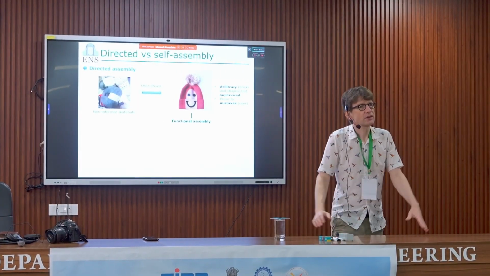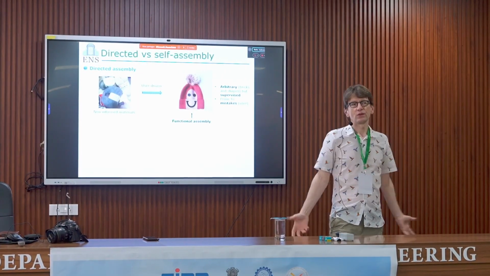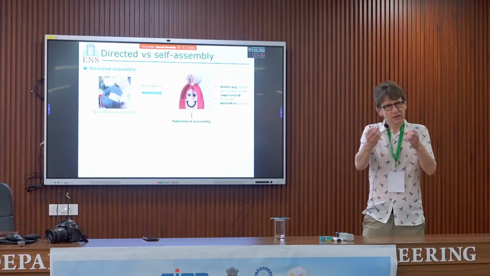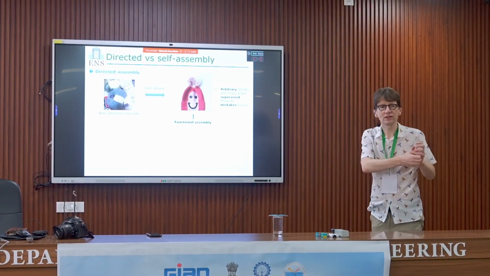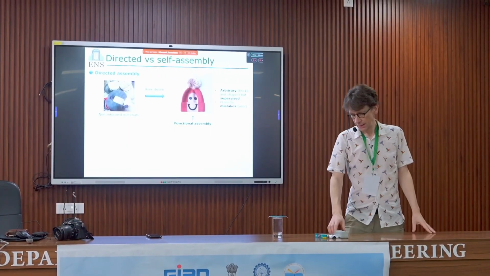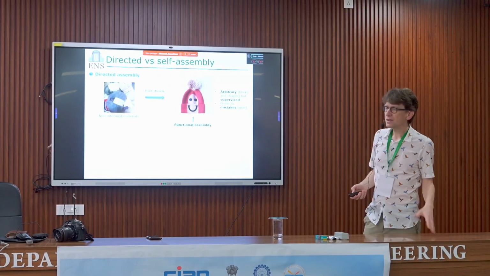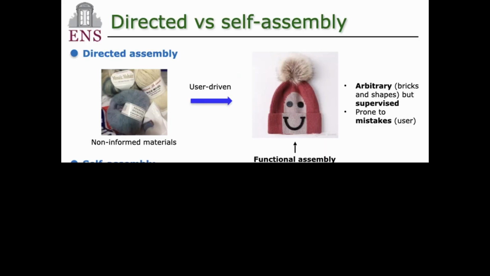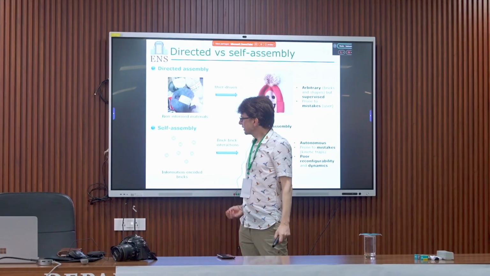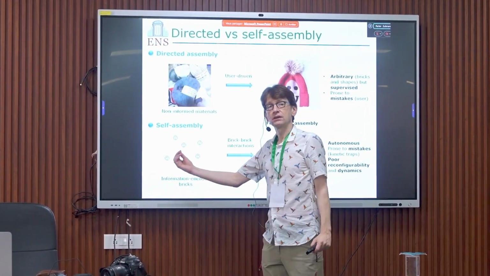But imagine you have three people, even if they follow the same process, they will not have the same skills, and some will be very beautiful, and at the end, some will be not so beautiful. So it's user dependent. So the other way you can think about assembly is self-assembly. And my definition of self-assembly is that the information is in the brick itself.